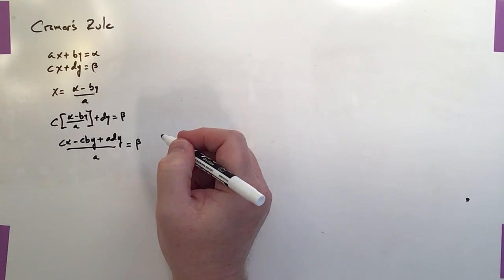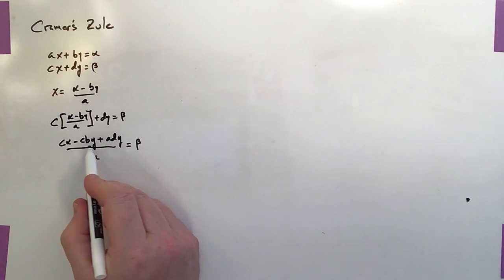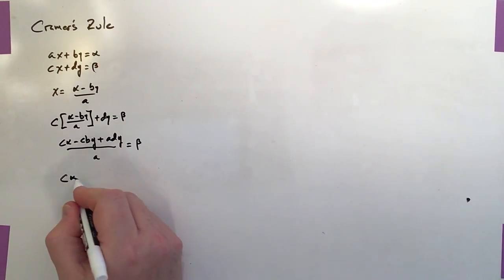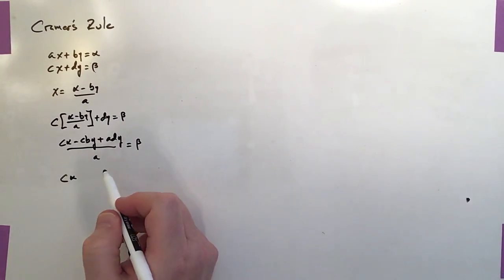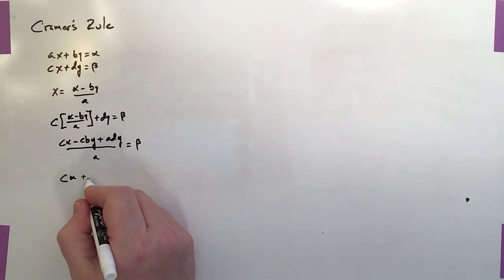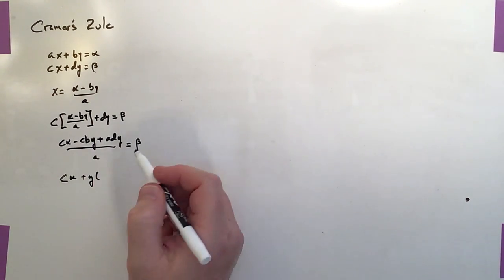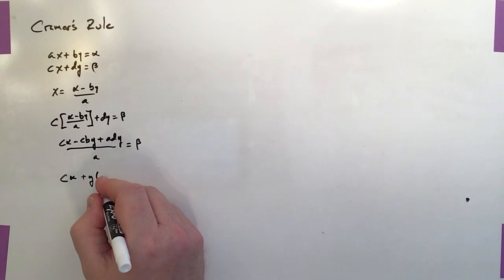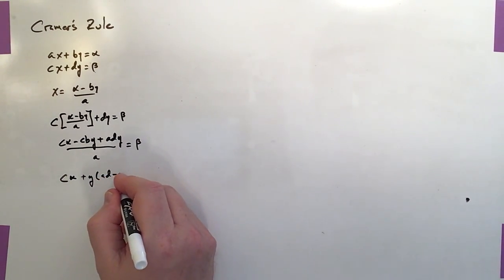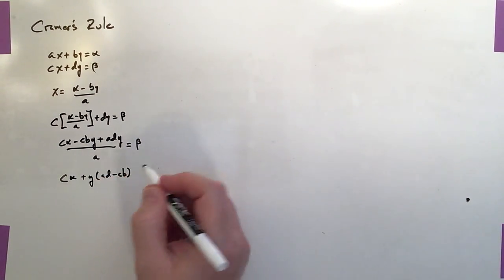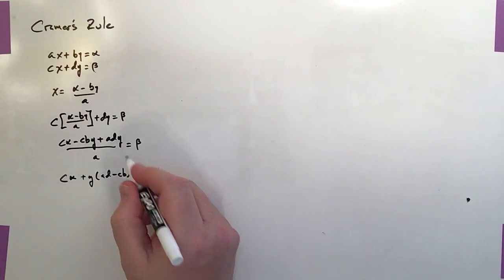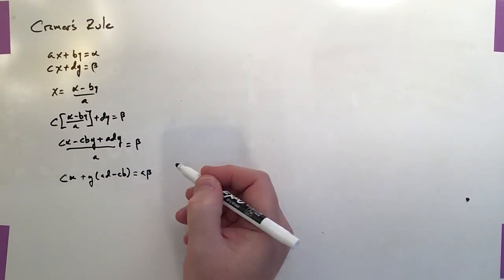So we'll multiply the a across. So we get c alpha, and then I'm going to go ahead and factor out the y here. So it's going to be plus y times the quantity ad minus cb. And then that's all equal to a beta.